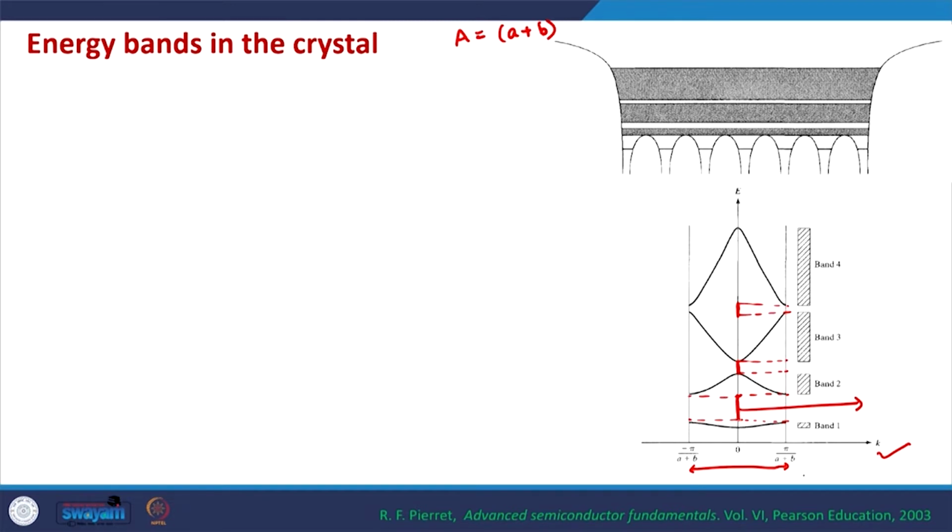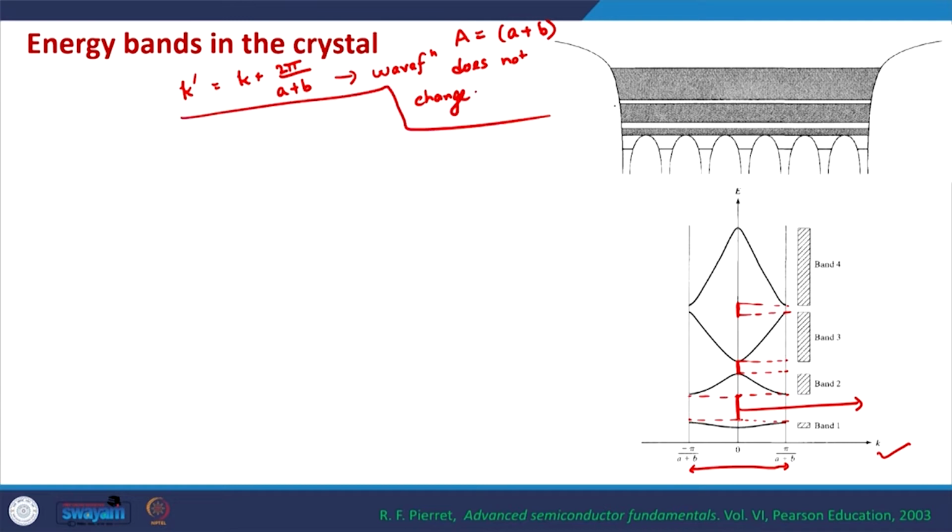Also, one of the conditions that we studied is that if we shift the k value by 2 pi by the period of the potential profile, the wave function remains the same. Basically, the wave function does not change, it corresponds to essentially the same wave function.